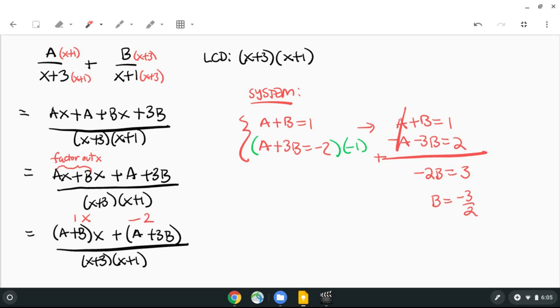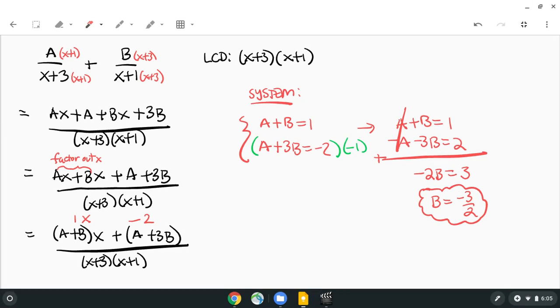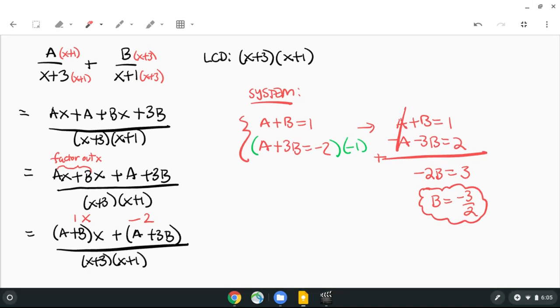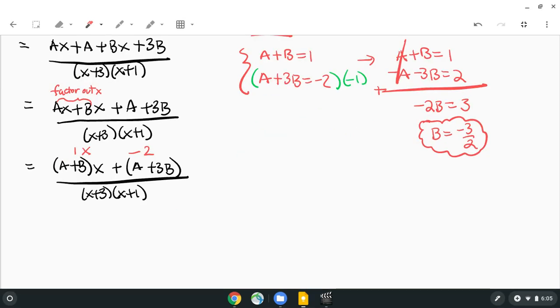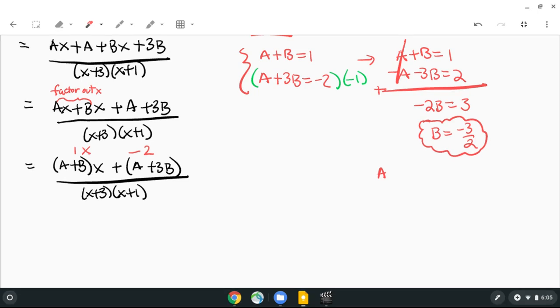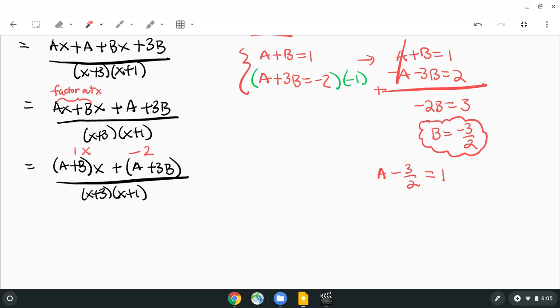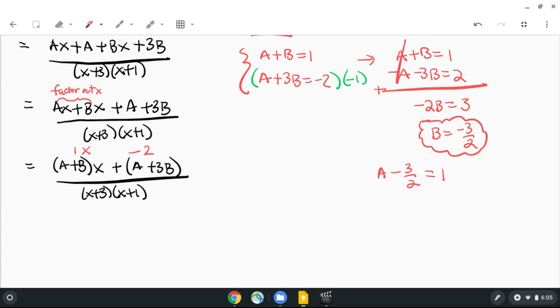I need a, so I'll use that first equation: a plus b equals 1. So a plus b, which is minus 3 halves, equals 1. Solving for a, add 3 halves to both sides, and you get 5 halves. So a equals 5 halves.